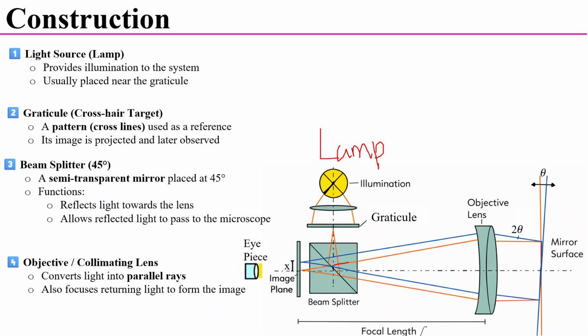The next one is the objective or collimating lens. This collimating lens converts the light into parallel rays.